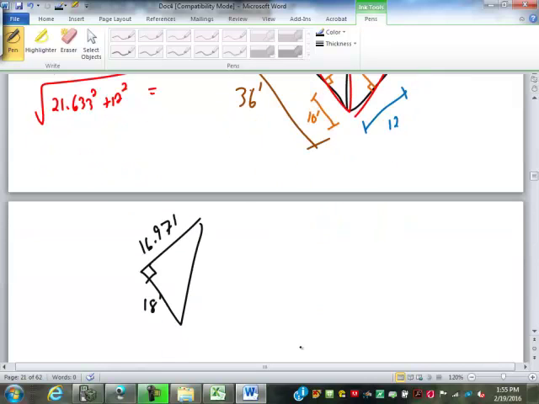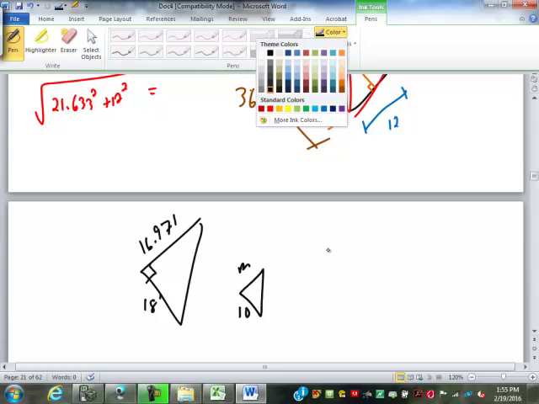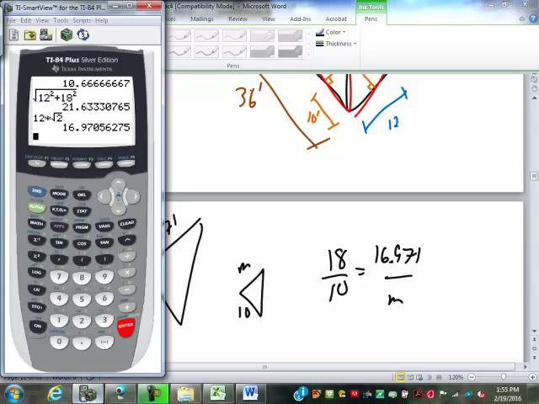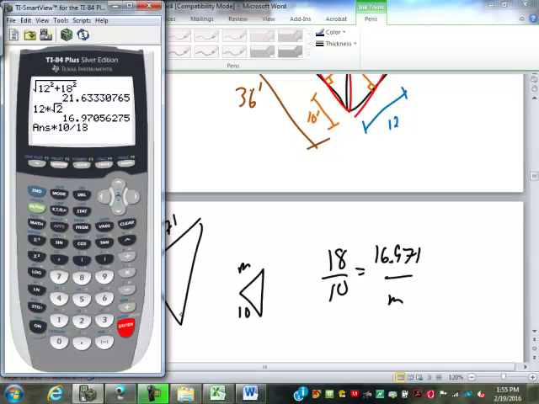So to find M, I know this is 10 feet and that's M. So 18 goes to 10, and 16.971 goes to M. So 16.971 times 10 divided by 18. M is 9.428.